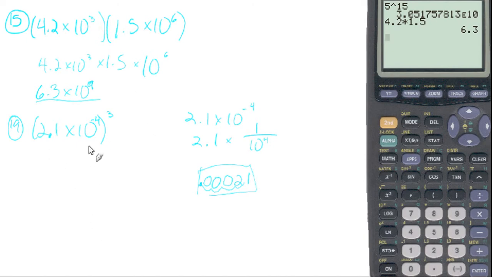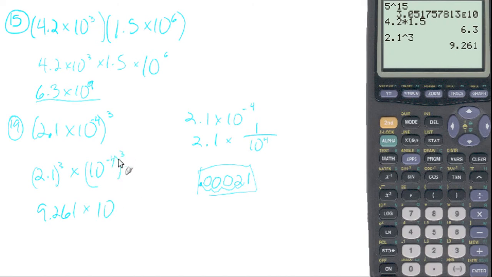Now we're going to use the properties of exponents. You've got 2.1 to the third times 10 to the negative 4 to the third. That's the power of a product. 2.1 to the third is 9.261, times 10 to the what?